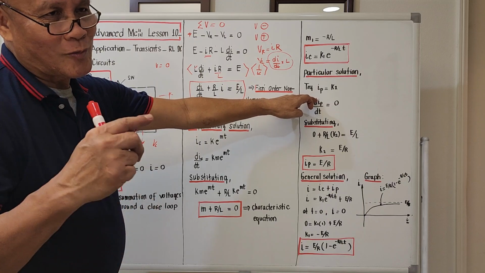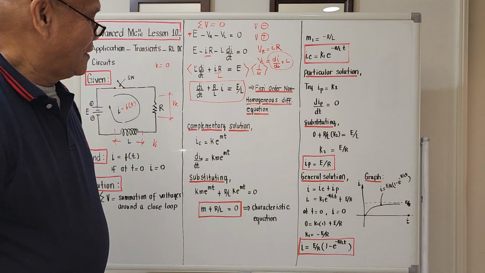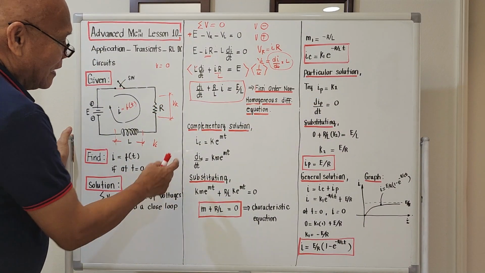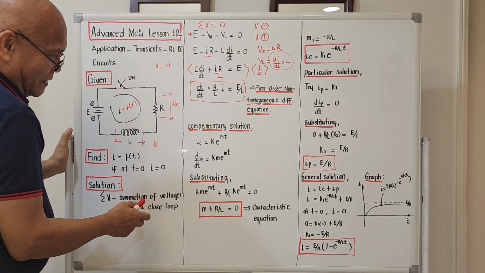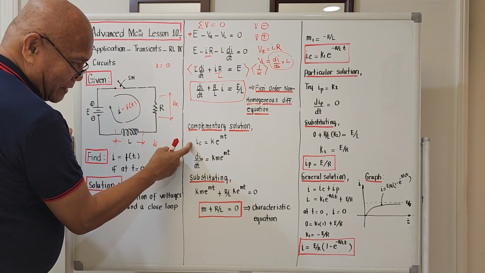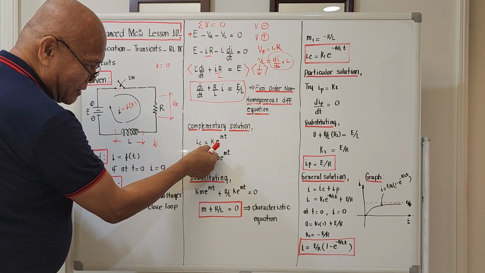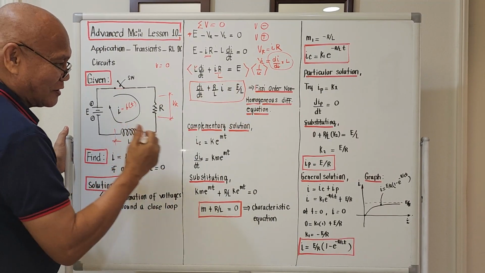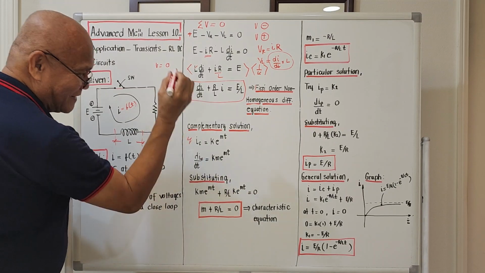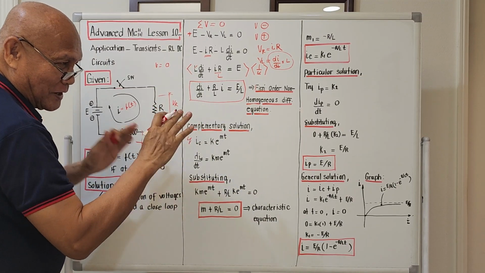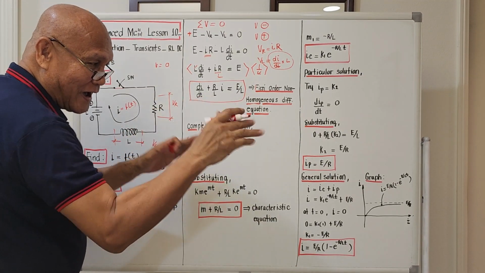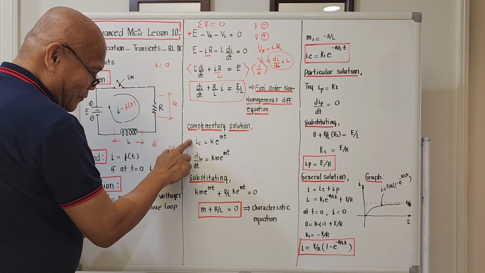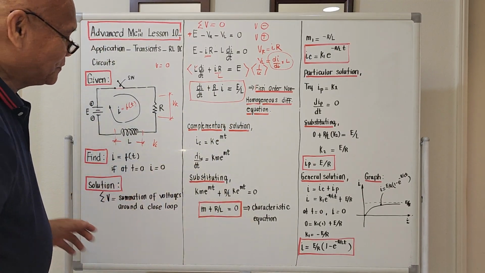We know how to compute for the complementary solution, right? Let's proceed. I sub C, meaning complementary current, should be equal to K e raised to mt. Actually, from the previous discussions, this is y, right? For the meantime, replace that y by I. It's the same.